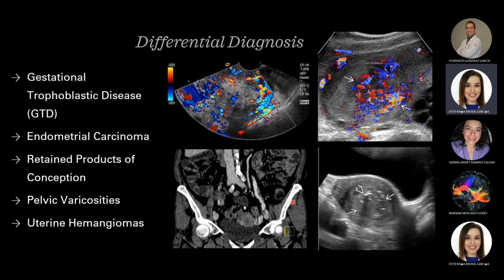It is characterized by prominent parametrial vessels with normal venous spectral waves. The final differential diagnosis is uterine hemangiomas. I didn't find a representative image, but it is characterized by a complex mass with acoustic shadowing due to phleboliths. Besides, this one shows arterial or venous spectral waves, like the uterine arteriovenous malformation.